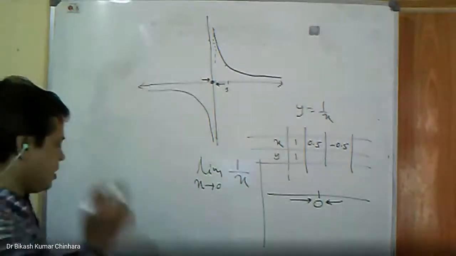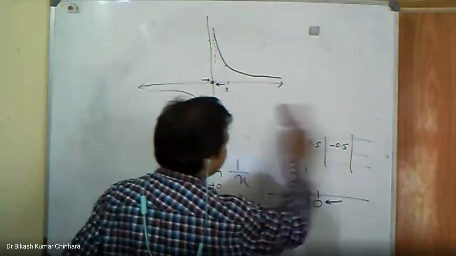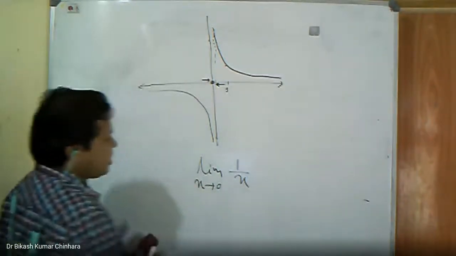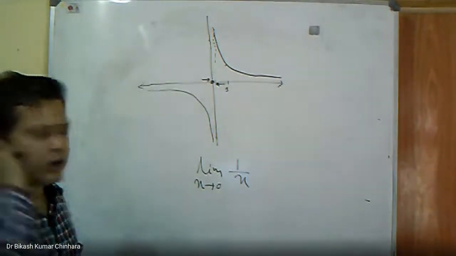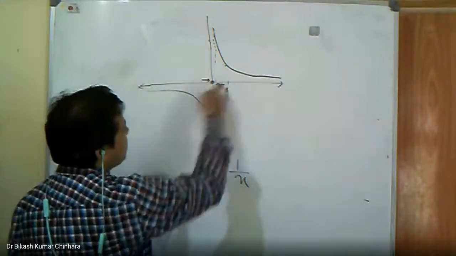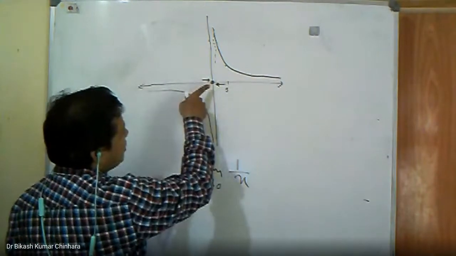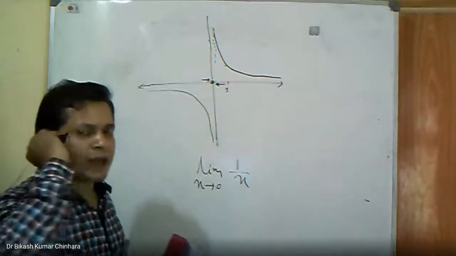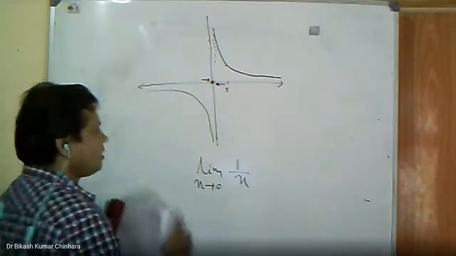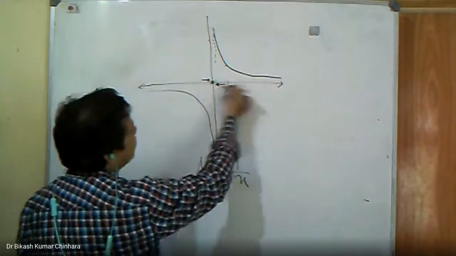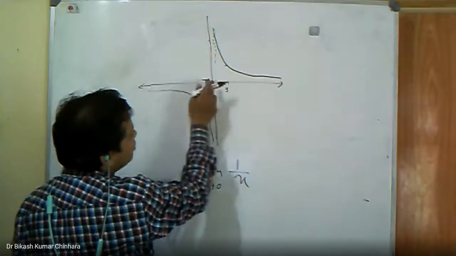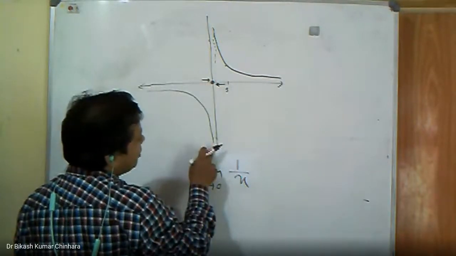So from the graph itself, I can say whether the limit will exist or not. The limit will exist means you may approach from this side or from this side, and the value should be the same. That means LHL should be equal to RHL. Here, when I am approaching from this side, its value is becoming infinite. When I am approaching 0 from this side, its value is becoming minus infinite.